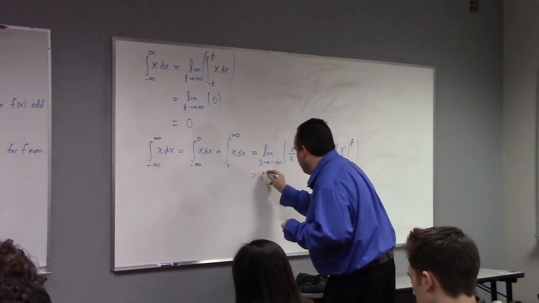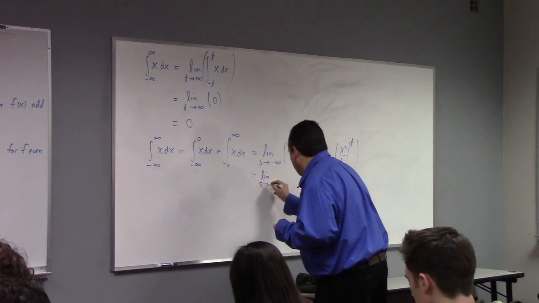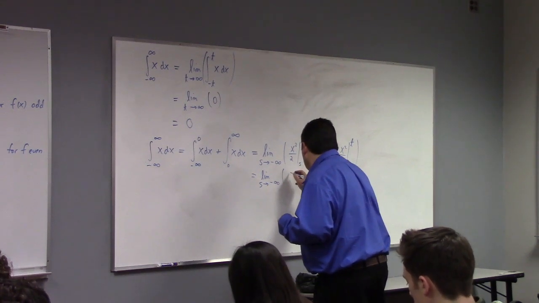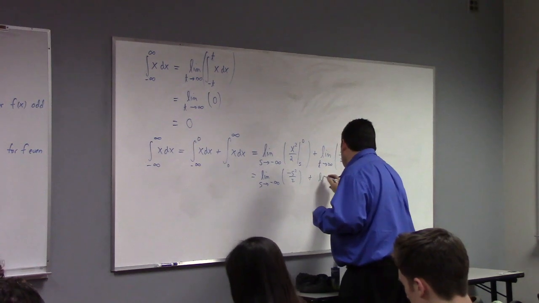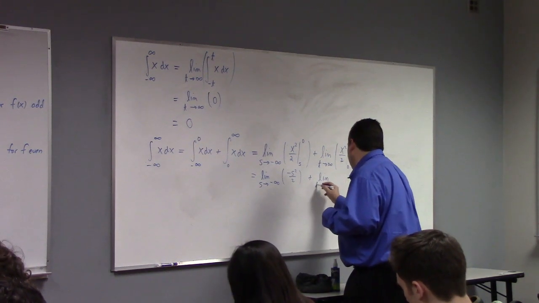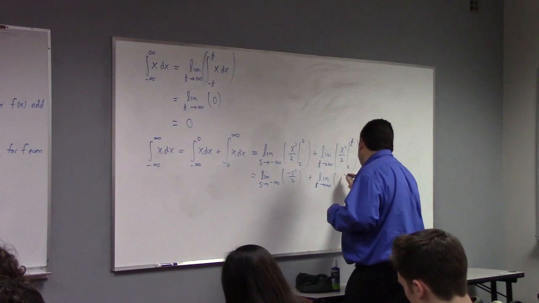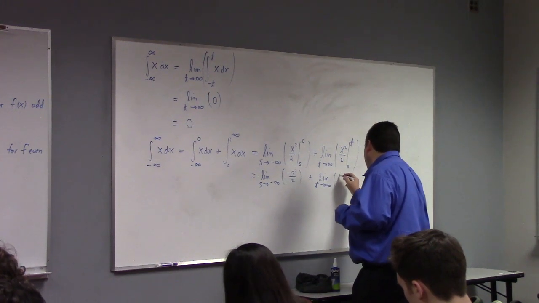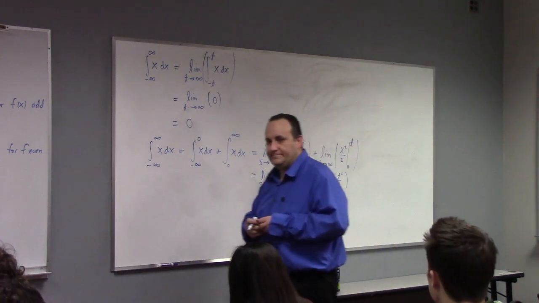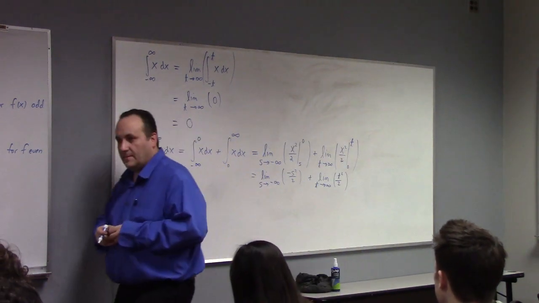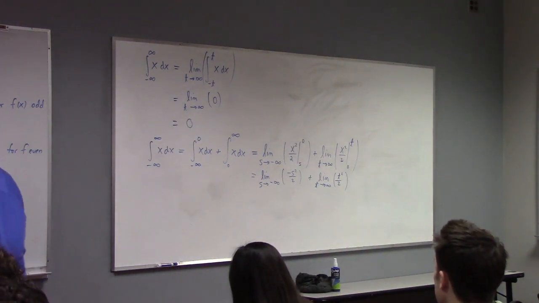But let's write that out, just a little bit more writing, and I'll get out of the way here. So you've got yourself a minus s squared over 2 limit and a t squared over 2 limit, right? And the thing is, these are both infinite. One is minus infinity, the other is plus infinity.